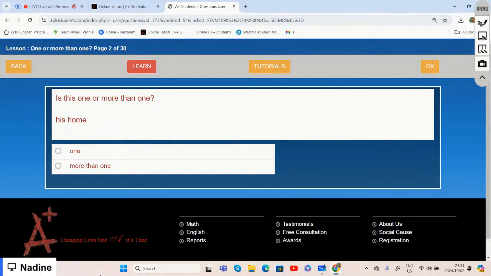His home. One or more than one. His home.